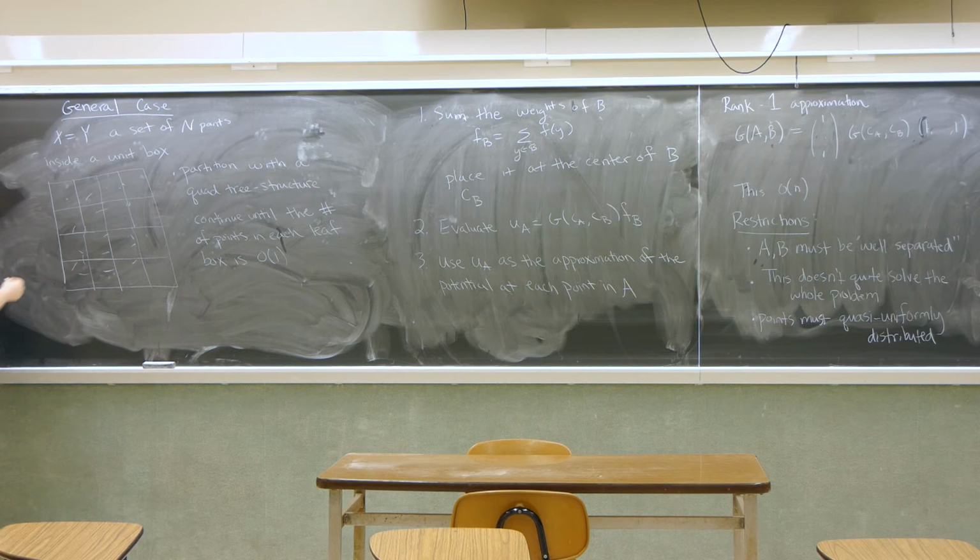And the tree structure means that, for instance, these 4 boxes would be the children of this bigger box, so we keep track that way.